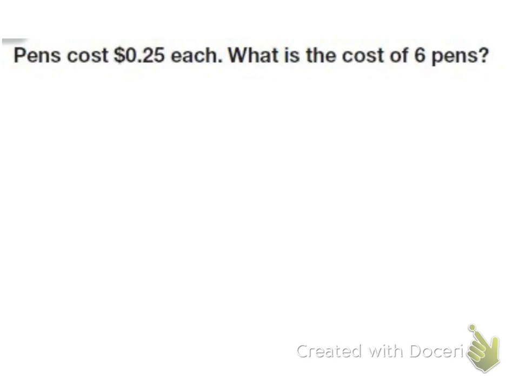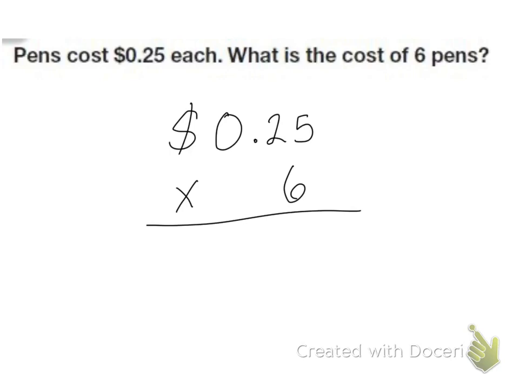I can do that just by multiplying. So here, pens cost 25 cents each. What's the cost of 6 pens? So I'm going to take the 25 cents and multiply it by 6 pens. Okay. Now when I multiply a whole number by a decimal, we're going to multiply pretty much the same way.